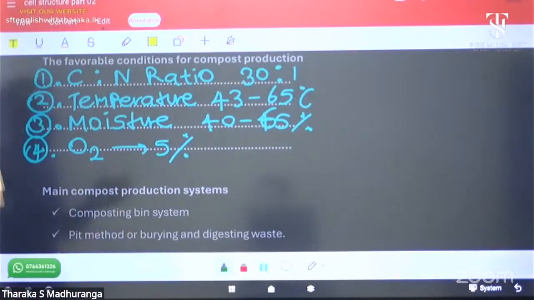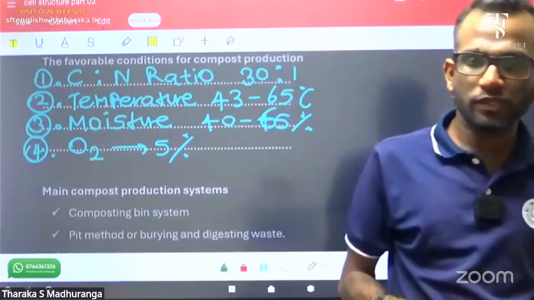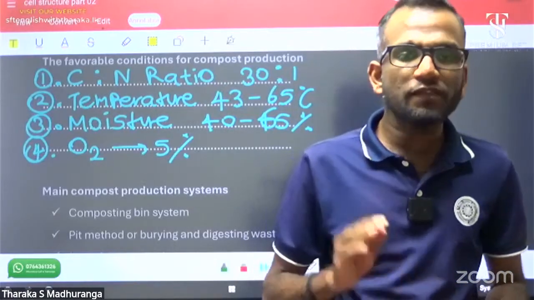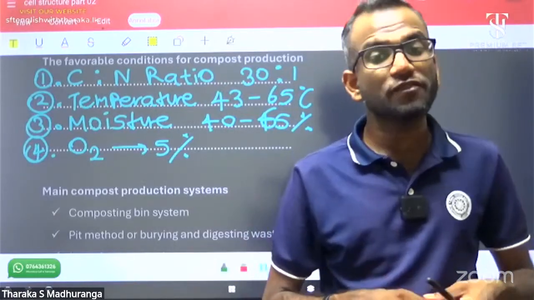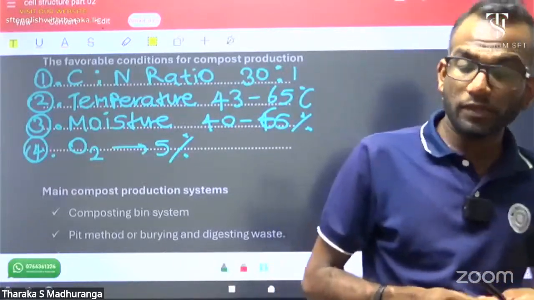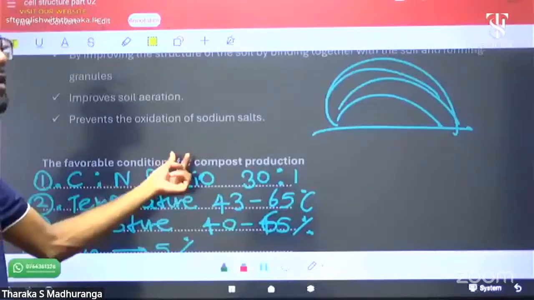I told you these are the main favorable conditions: carbon nitrogen ratio 30 to 1, temperature 43 to 65 Celsius, moisture level 40 to 65%, and a minimum of 5% oxygen.